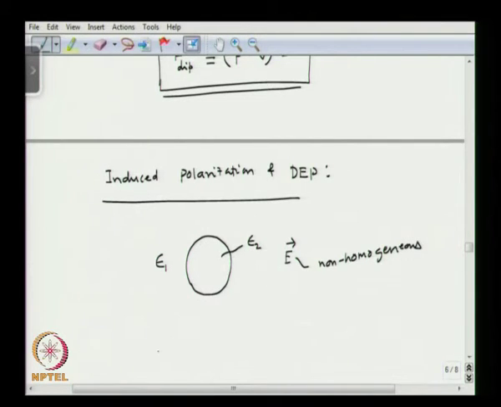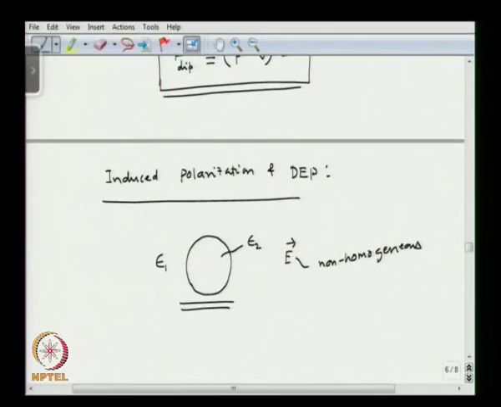So this will be subjected to electric displacement. This is also something that we had discussed earlier. When we have an electric charge in a medium it will lead to electric displacement. In this case we are talking about the presence of an object of dielectric constant epsilon 2 in a medium having dielectric constant epsilon 1, so it will be subjected to an electric displacement.